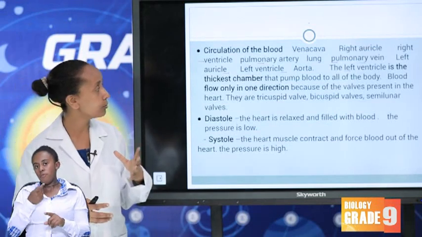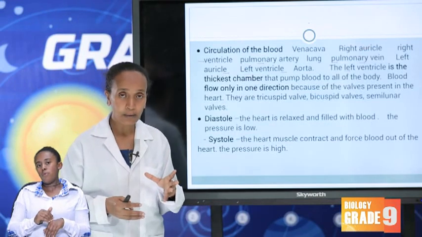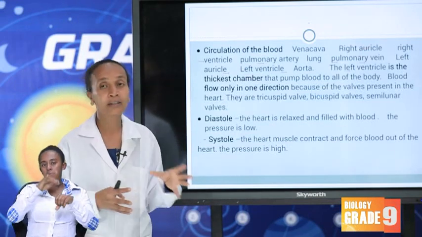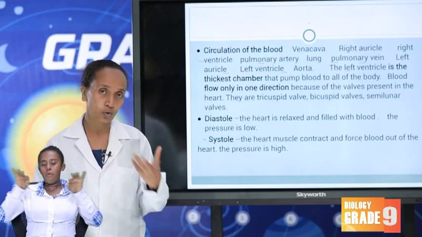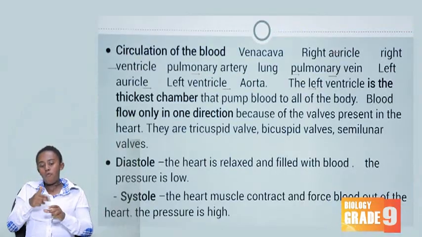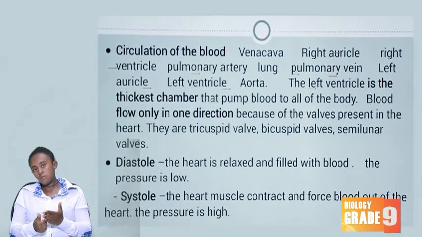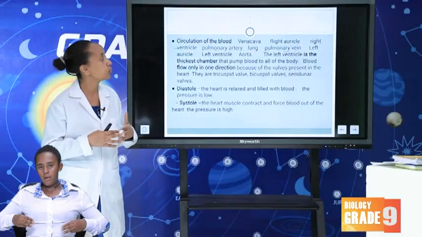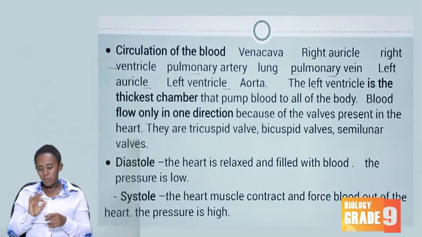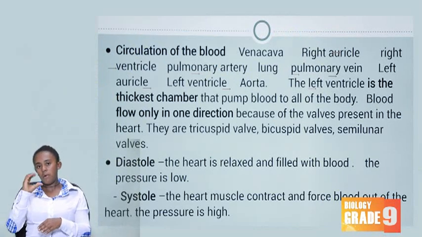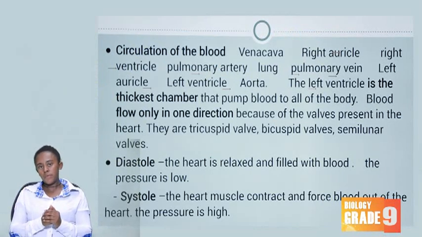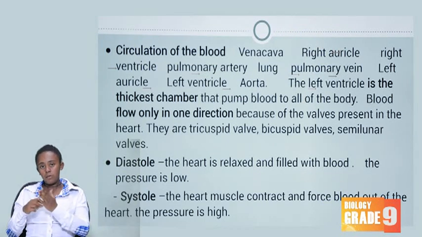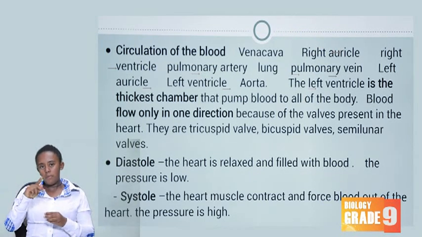From your lesson on the respiratory system, you know that the lung is important for exchange of gases. Therefore, the deoxygenated blood must be oxygenated in the lung, and in order to gain oxygen and lose carbon dioxide, the deoxygenated blood must be transported to the lung by the pulmonary artery.